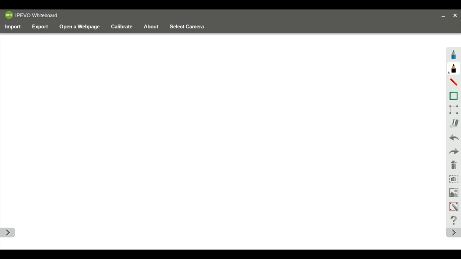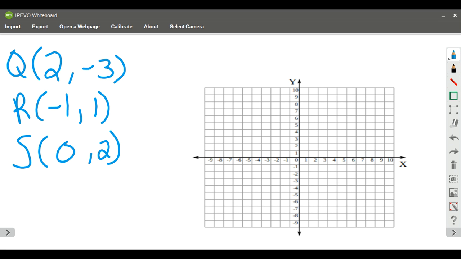Okay, so we're going to take a look now at how to graph some points. Let me pull back up my coordinate plane, and then we will do some practice with the graphing. Coordinate grid pulled back up. I also wrote down some ordered pairs. If you remember, I said that an ordered pair is going to be an x and a y coordinate.